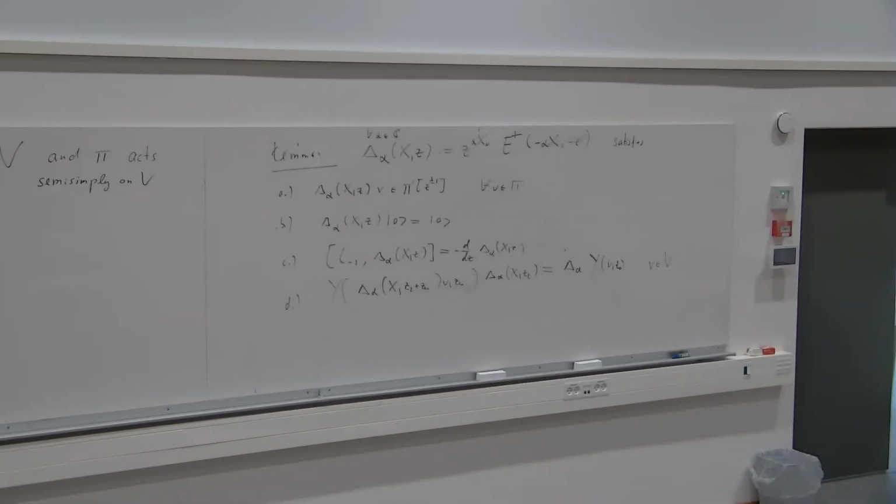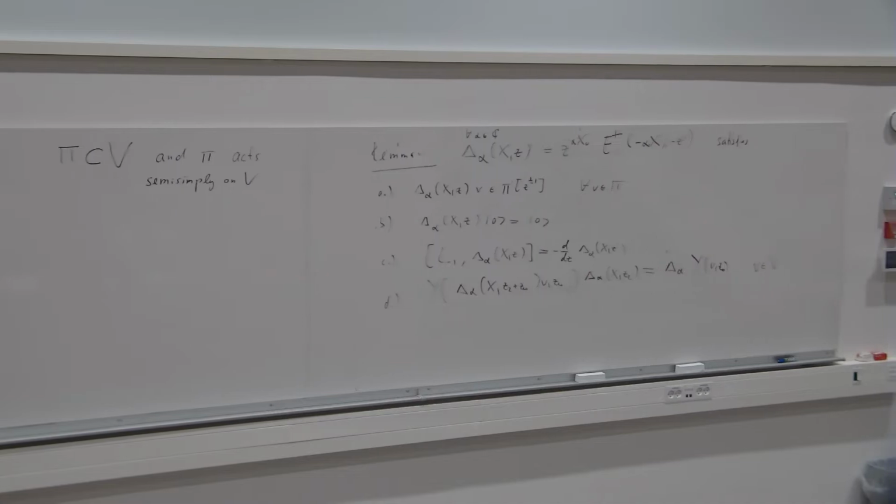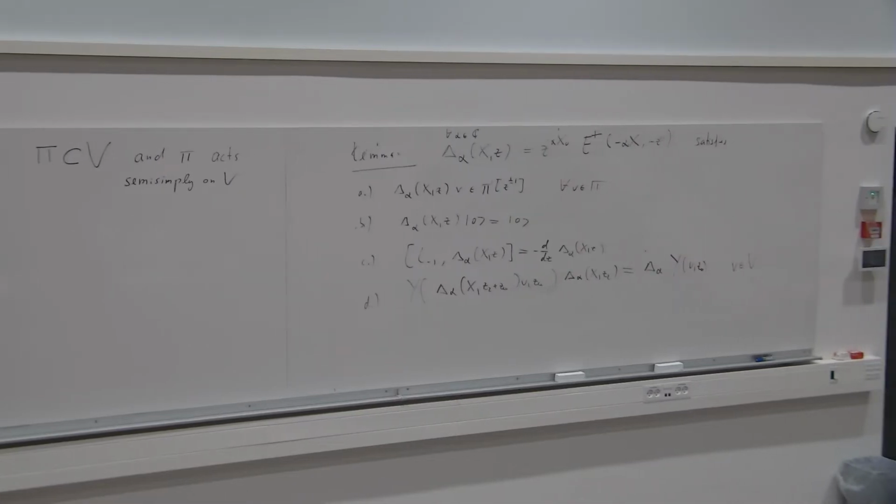And do I know what it means to be a sub-vertex algebra? I haven't introduced that. That's correct. It's a subvector space that itself inherits the structure of a vertex algebra. It means when you apply the fields, it stays in itself. Yeah, right.